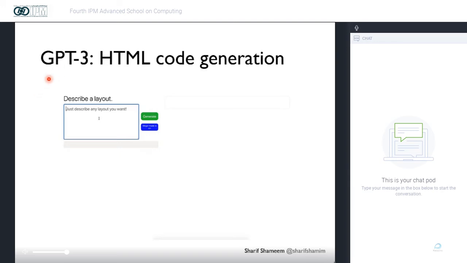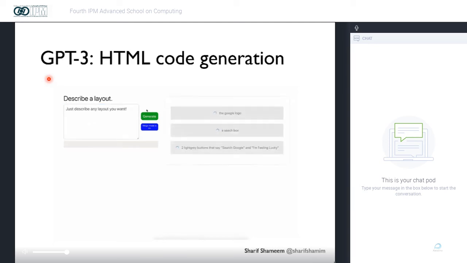This is another interesting demo of HTML code generation enabled by GPT-3. Here you describe a layout you want to be created, like a Google logo, a search box, and two light gray buttons that say search Google and I'm feeling lucky.